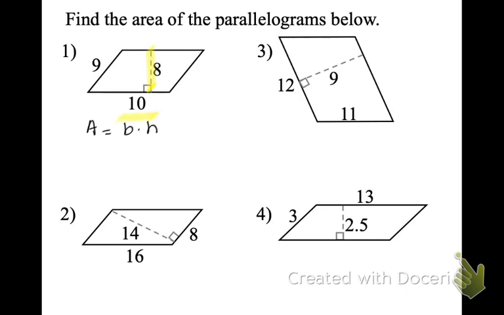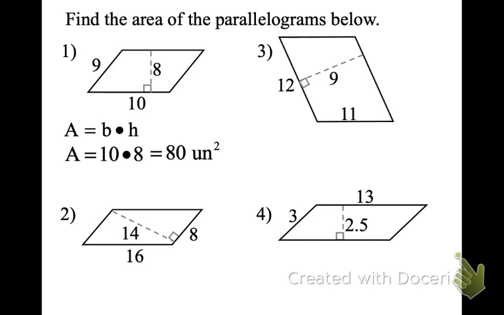So we've got our 10 and our 8. Those are the numbers. 8 times 10, and it's units times units. If they don't list units, then you write 80 square units. Okay, pause the recording and try the next 3 areas on your own.